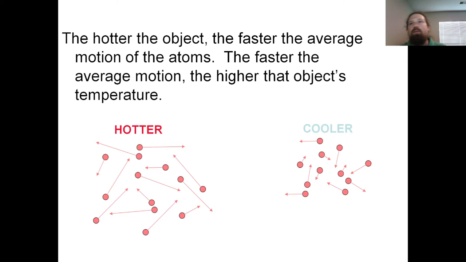They're not going to be moving around as much. They're not going to be bouncing off of each other as much. And so the difference here between what happens at the subatomic level between an object being hot or an object being cold, this is what creates the physical phenomena of temperature.